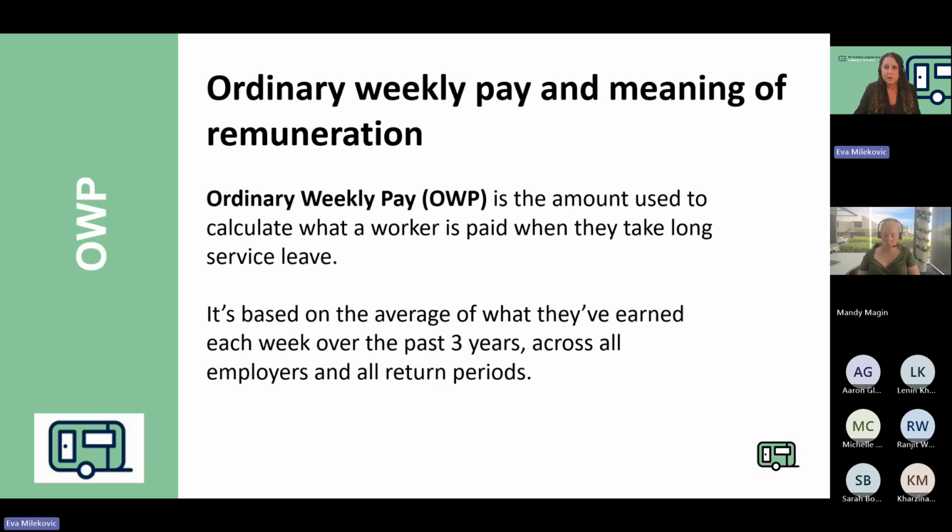It's not based on their current rate alone; it's calculated as an average of what they've earned each week over the past 3 years. And that average covers all their service. So if a worker has been employed by several organisations in that time, their OWP reflects earnings across all employers and all return periods recorded in the scheme.